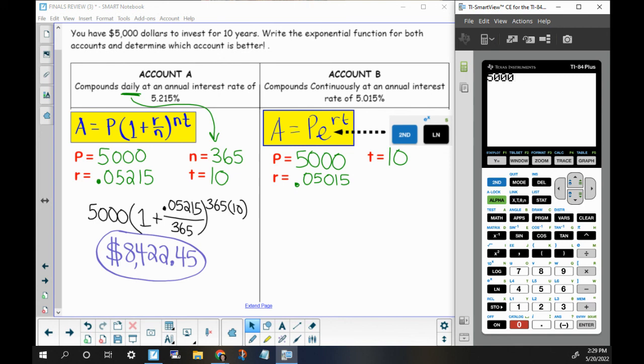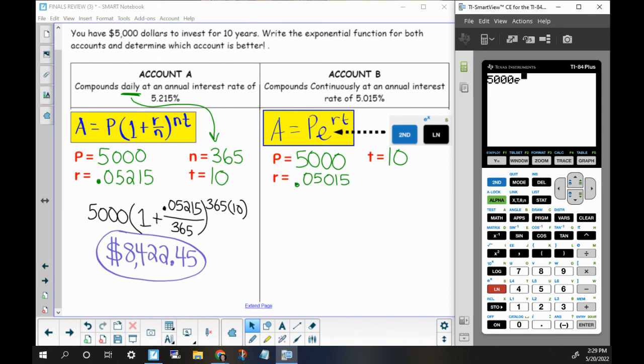All right, now we got to plug in our E. So let's do second LN. Where's that LN button? It's below log, right next to 4, above that STO button. So I'm going to hit second LN.